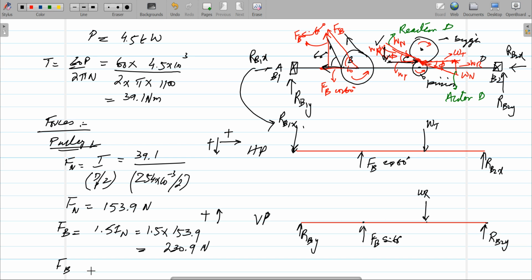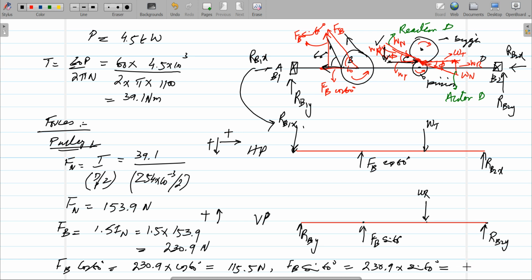So now we can say that FB, it's very simple, you can write like this. FB cos of 60 degrees equals 230.9 into cos of 60. So the answer is 115.5 Newton. Similarly, FB sine 60 degrees equals 230.9 into sine of 60 degrees.